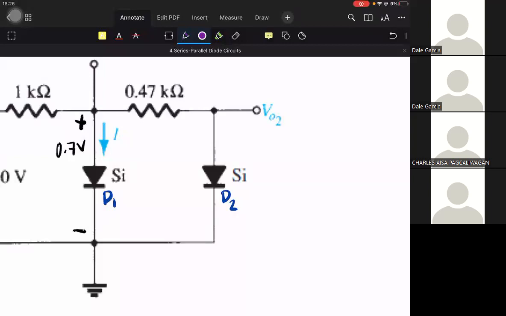I would like to guess, will diode 2 turn on or off? Type in the chat whether it is on or off. Off. Okay, Renzo says off.